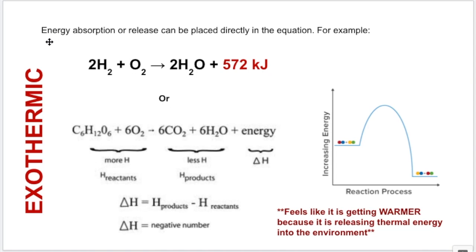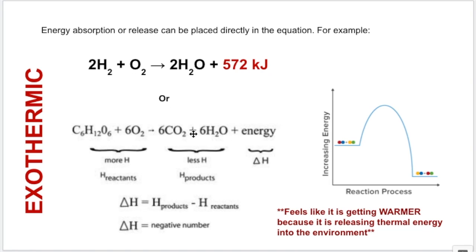If we're looking at the chemical equations for an exothermic reaction, I have my reactants and I have my products, but in addition to my products, I also have energy that is a part of the equation, which would be my H, my enthalpy. I have my products over here plus energy.